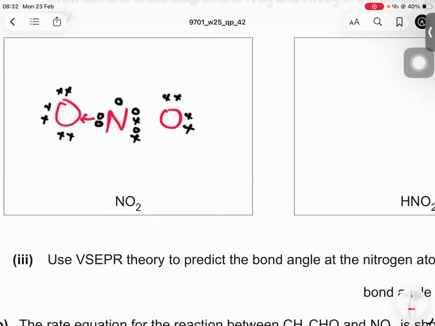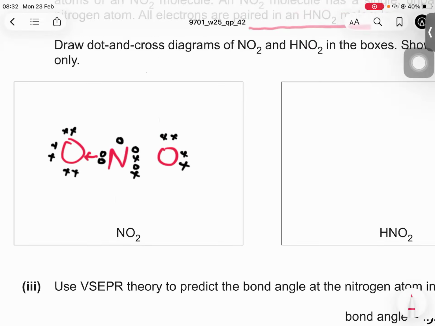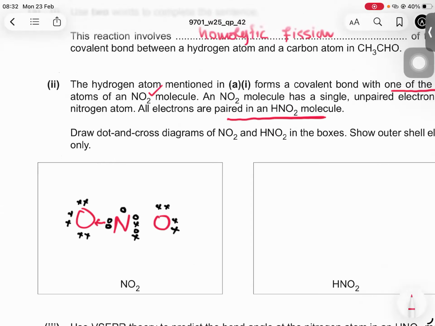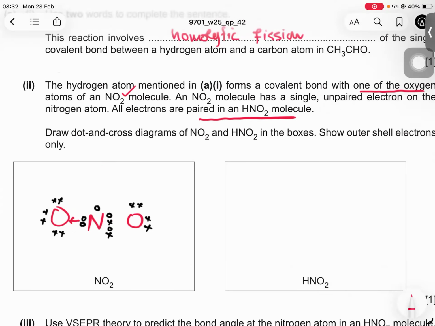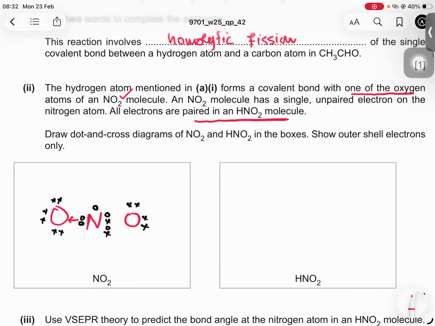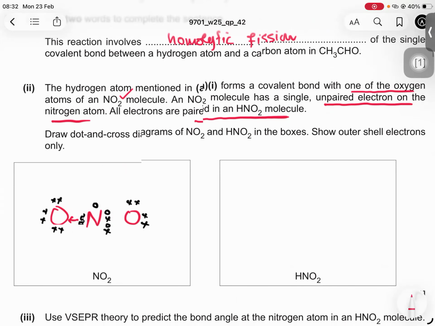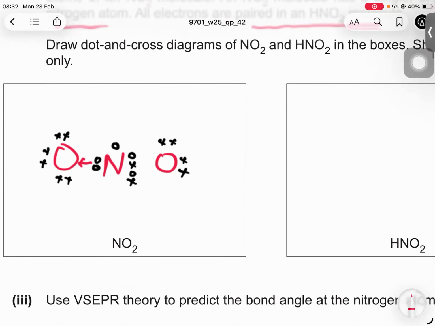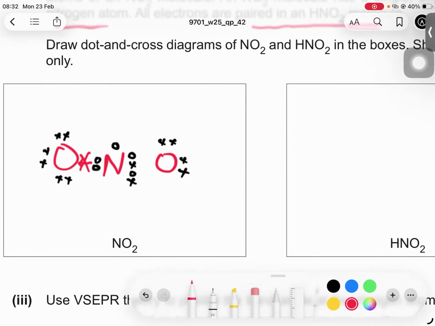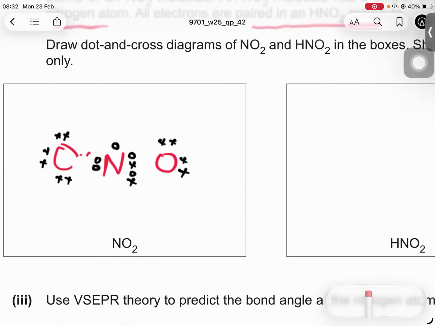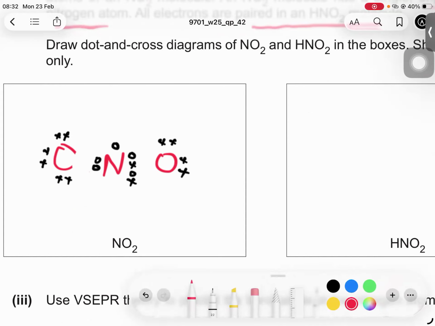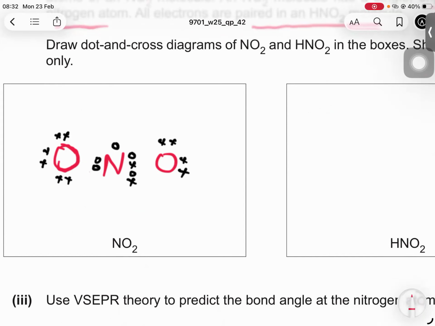The question gave a hint that there is one unpaired electron on the nitrogen atom in NO2. So this is NO2. You don't need to draw this arrow; I just explained it to you. So you simply draw it like this. This is NO2. Now come to HNO2.